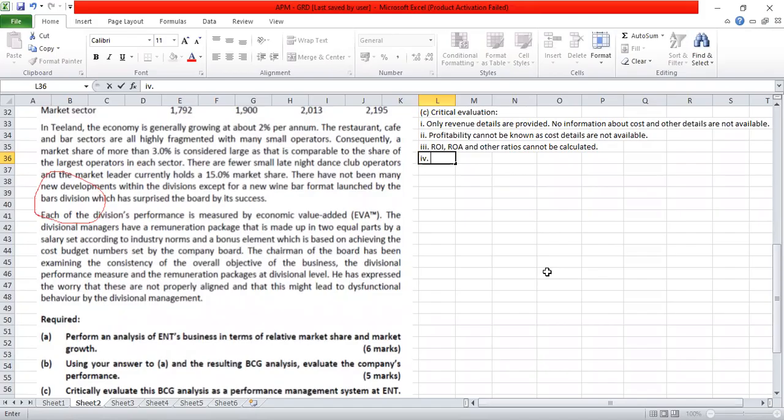So maybe they do not emphasize earning more profit, but they satisfy the customers, or their working principles are very good. If that is the case, they can be considered successful. So non-financial issues are not considered.